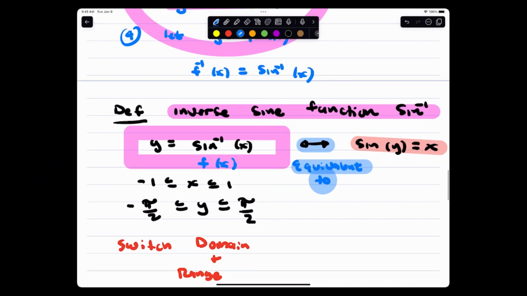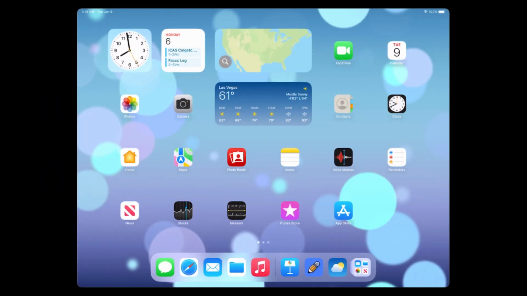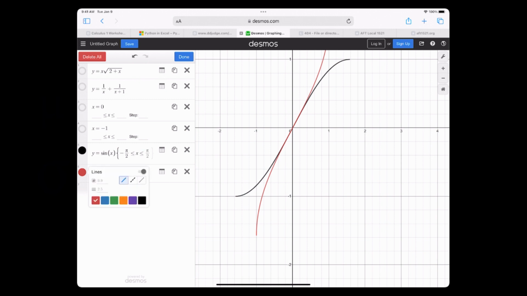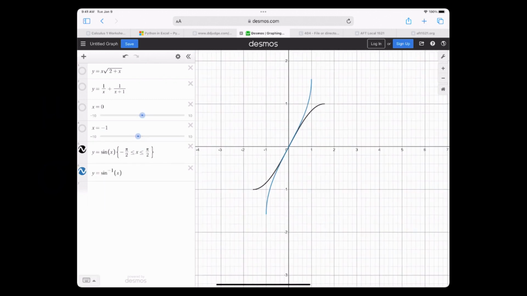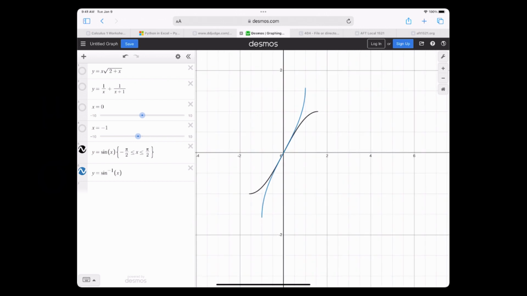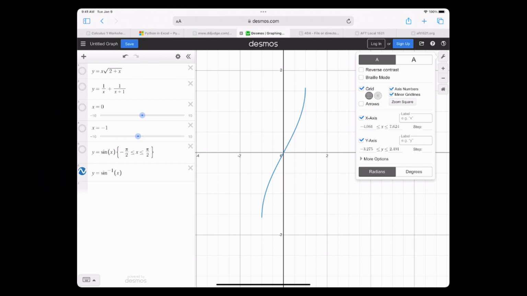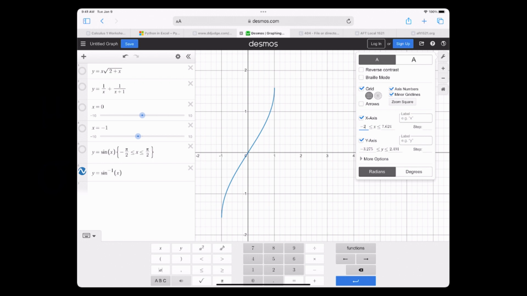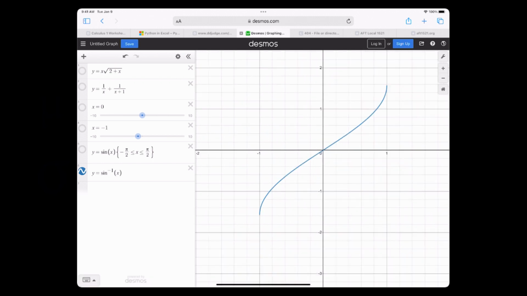And I'm going to import the graph for you guys because I'm going to use Desmos again. I'm going to tell Desmos, hey, Desmos, y equals, let's see, it should be here. There we go. Inverse sine x now. And I'm going to change the color. I don't like to use red for this. I'll use blue. And get rid of the black. And I'm going to change the x. It's just too narrow. This is a lot better.